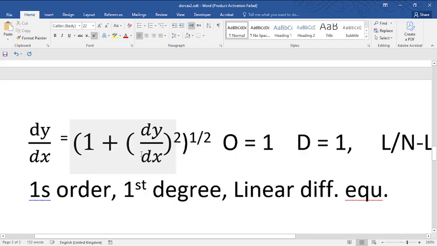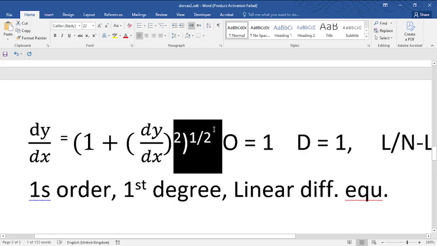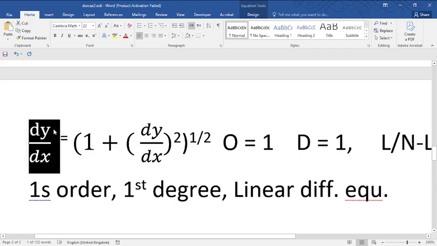So the differential coefficient that you have here is just dy/dx. That is the reason why our order is equal to 1, and then all of them are raised to power 1, because here we have already solved out everything and we got 1. Here also the power of this one is 1.